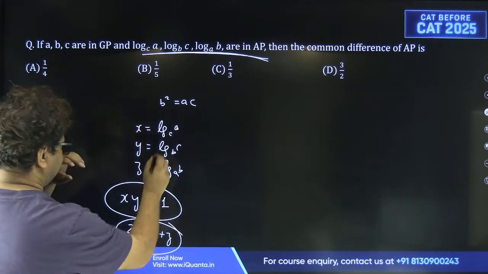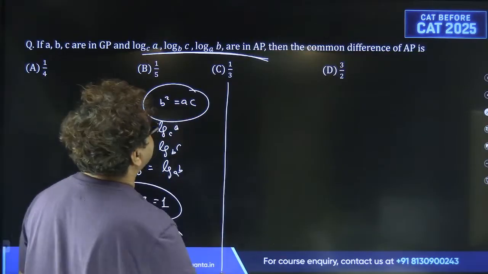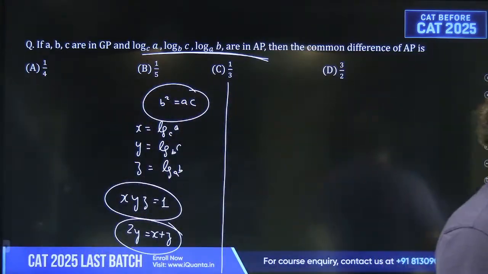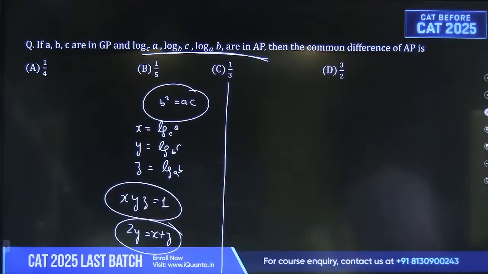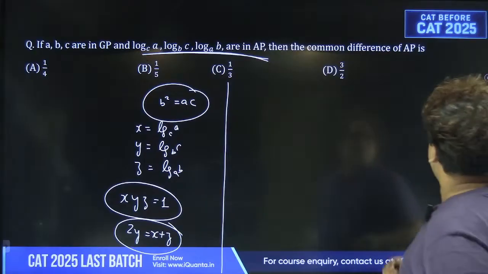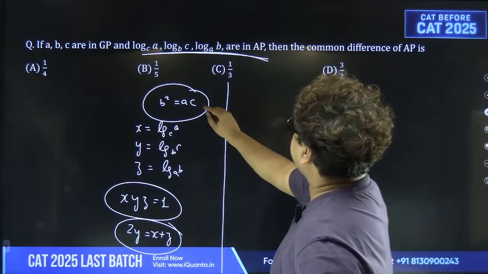We have so many things here. Is that right? Now, from this, I can do something.